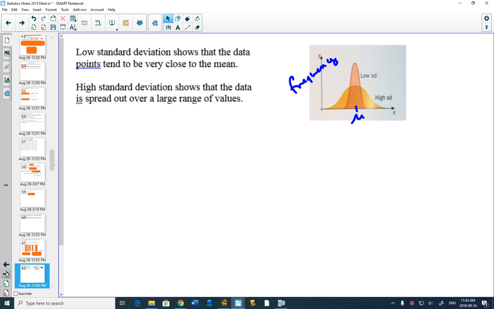With a low standard deviation, you have higher frequencies because everything is close to your mean. And if you have a higher standard deviation, that means your data is more spread out. You have lower frequencies of each value in order for that to happen. And what we have in the diagram here are some bell curves because they make the shape of a bell. And those are a specific type of statistics that we're going to be looking at moving forward.